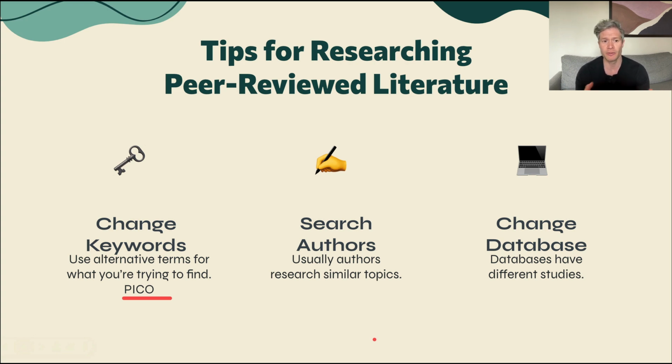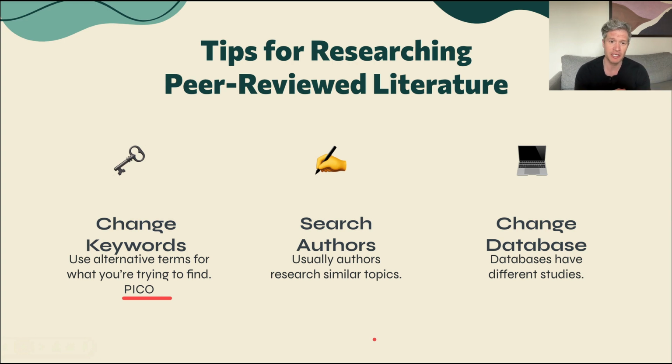Okay, and so when you search these things, you're trying to find something very specific for that population, the intervention type, and then what the outcome measure is. And if you change a key search term for any one of those things, it will definitely oftentimes give you more search options or more results. Okay. So that's the first one.